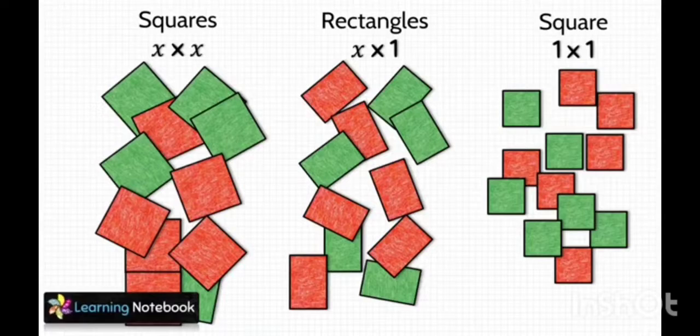For small square, green side will represent 1 and red side will represent -1. In the same way, in rectangles, the green side represents x and red side represents -x. And in big squares, green side will represent x square and red side will represent -x square.